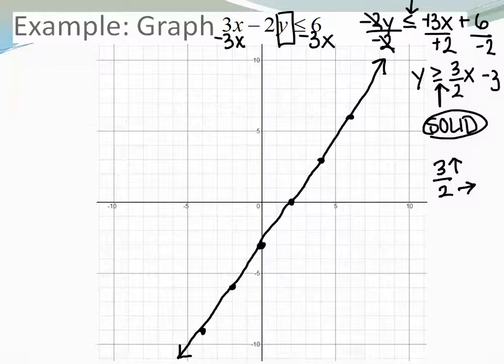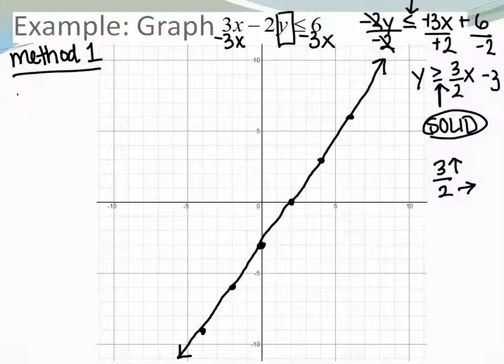Okay, so now we have to determine the shading. Because this is an inequality, it's different. For shading, there's two ways that we can do it. I'm going to show you both methods. So method 1 is we look at the graph in slope-intercept form. So it's y is greater than or equal to 3 halves x minus 3.